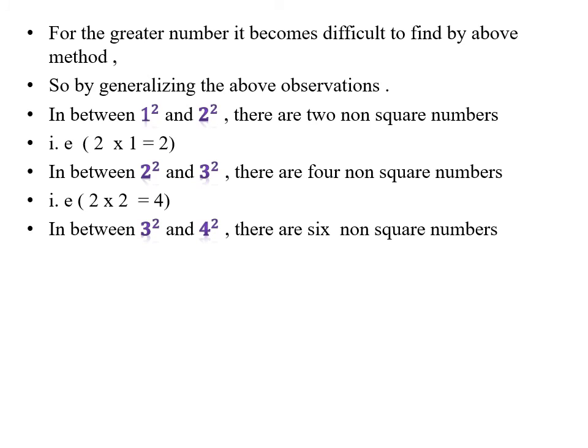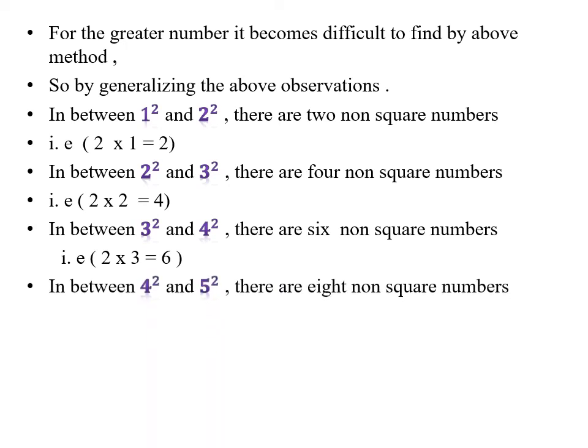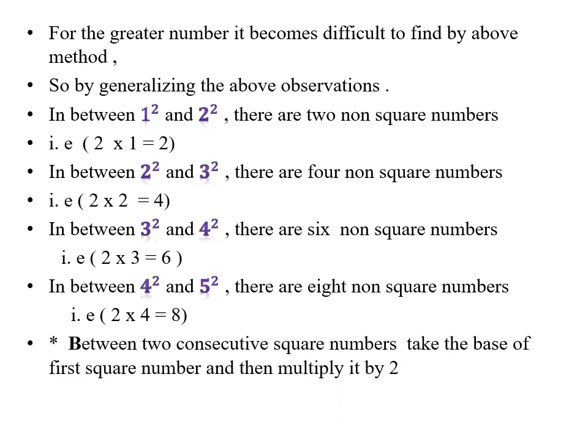In between 3 square and 4 square, there are 6 non-square numbers. That is 2 into 3 equals 6. And in between 4 square and 5 square, there are 8 non-square numbers. That is 2 into 4 equals 8. And therefore, between two consecutive squares, take the base of the first square and multiply it by 2.